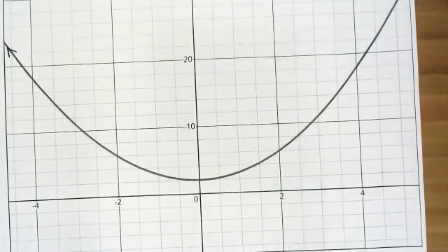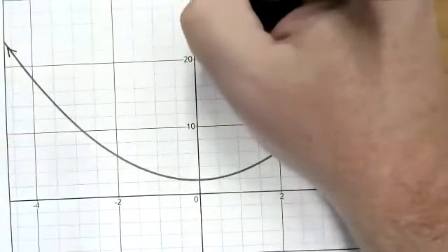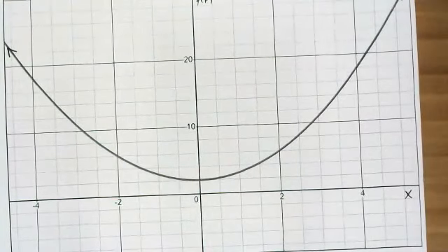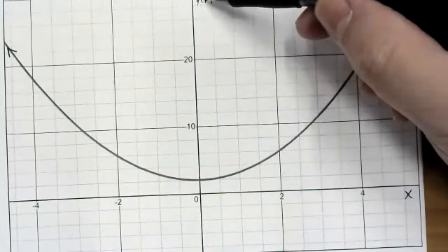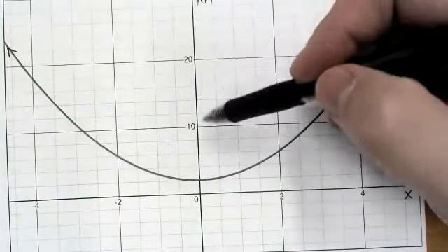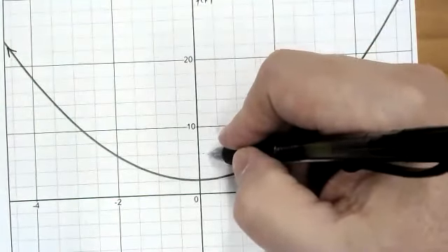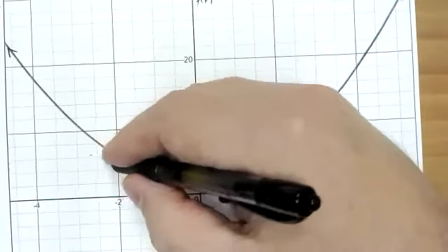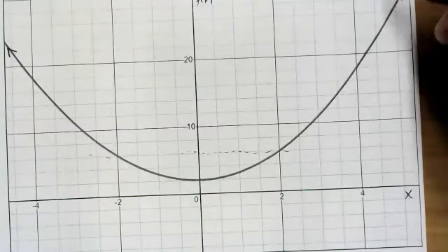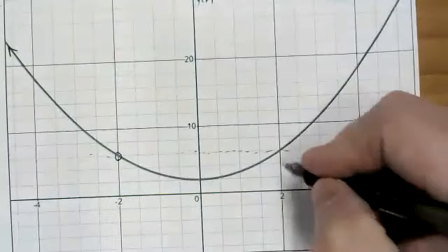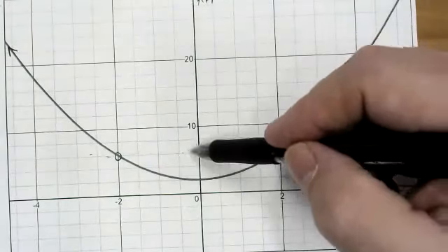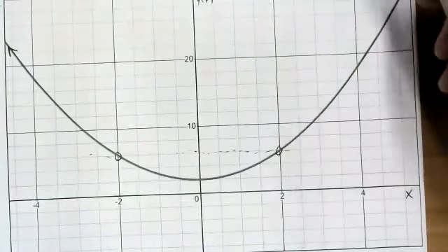Hopefully you remember, function is the vertical axis, horizontal axis is x. So when they say, where does the function equal 6? I'm going to go up here on my function axis, going to go find 6. And then this whole line represents y equals 6. And I see that there are two places on my graph, on my function, where the function equals 6, here and here.